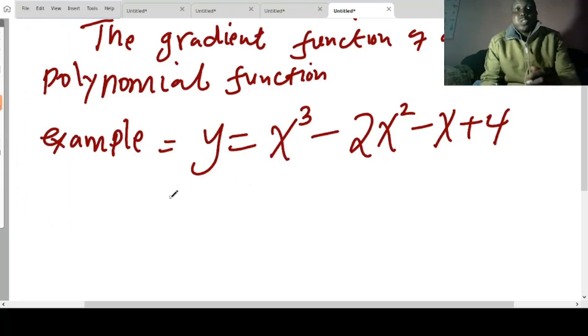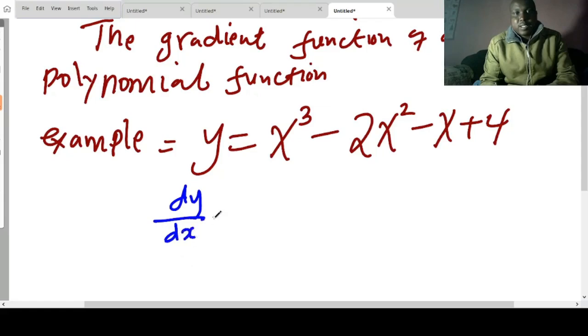So here, we have y with respect to x. Now we are going to say dy over dx is equal to this one. The first term, the power is 3, the coefficient is 1.